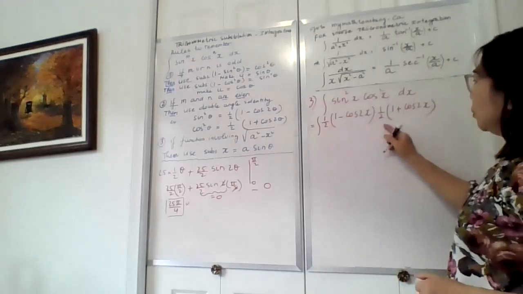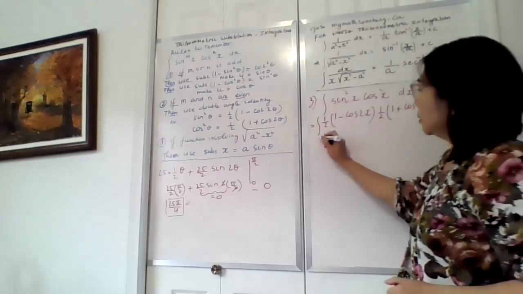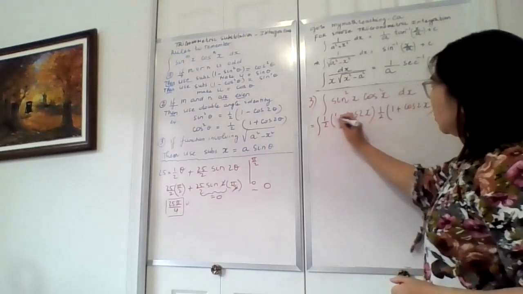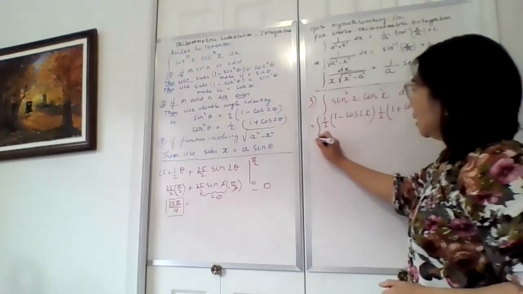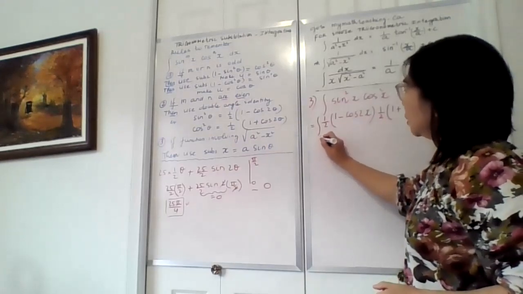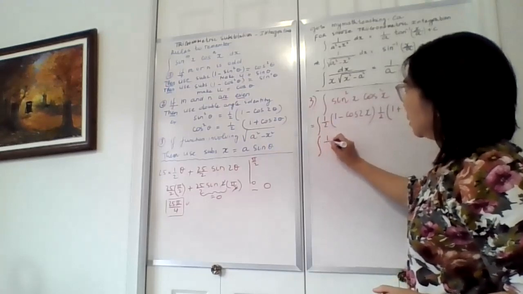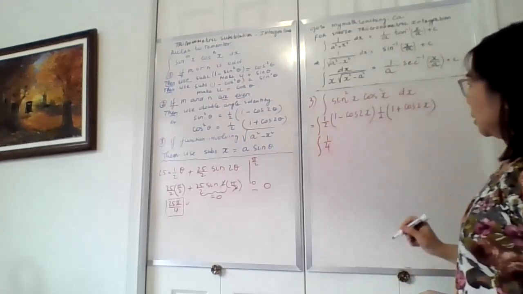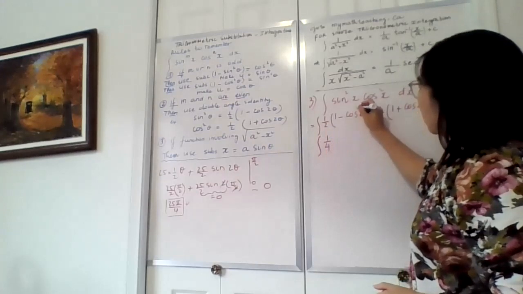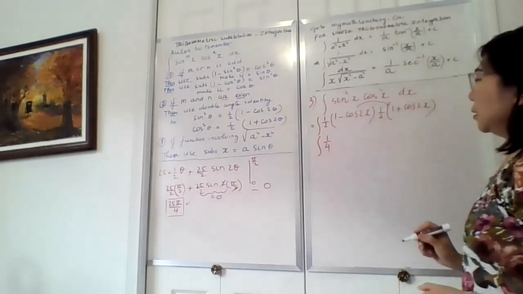Now, because 1/2 and 1/2 multiply together, I can make it 1/4, and I'm going to just leave it for now, okay? 1/4. And I'm going to combine these two brackets together.